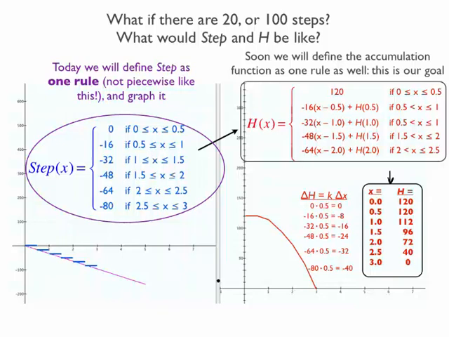But we've got it in one line, one formula. So that's where we're going. So today we'll do step x in one line instead of one rule for every step. And then Thursday we'll likewise do the accumulation function in one formula, one rule.